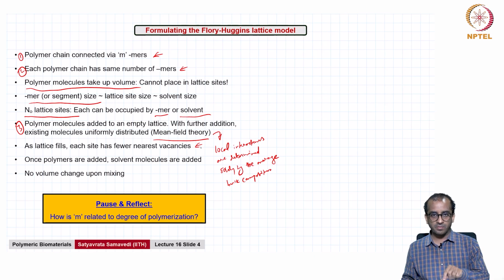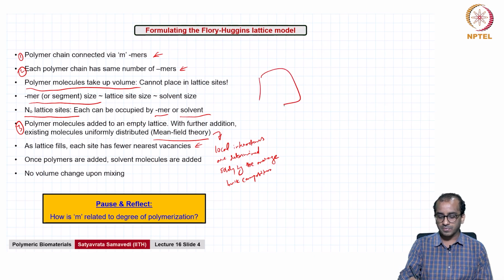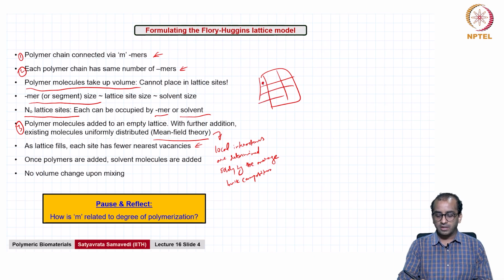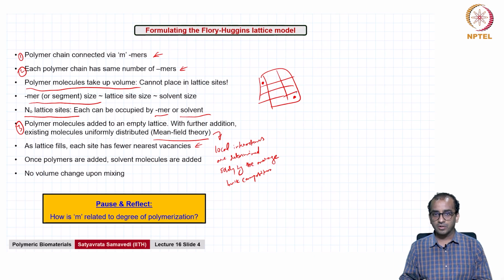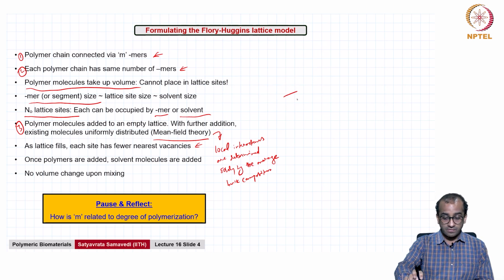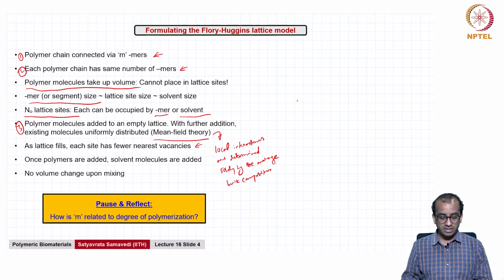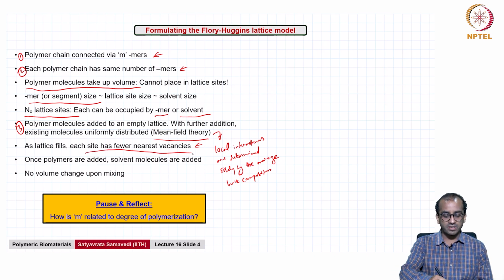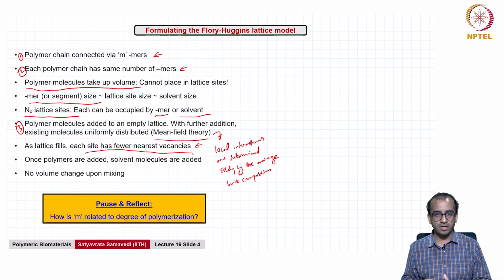If you place a mer on a certain lattice site, for example, here, you can't place the next mer here because the mers are connected. So, once you place the first mer, the next mer can be placed only in the vicinity, or what we call the neighboring sites. And as we fill more and more lattice sites, each site will have fewer nearest vacancies because other sites have gotten filled up. And remember, once you have filled up a site, you can't fill it up again.